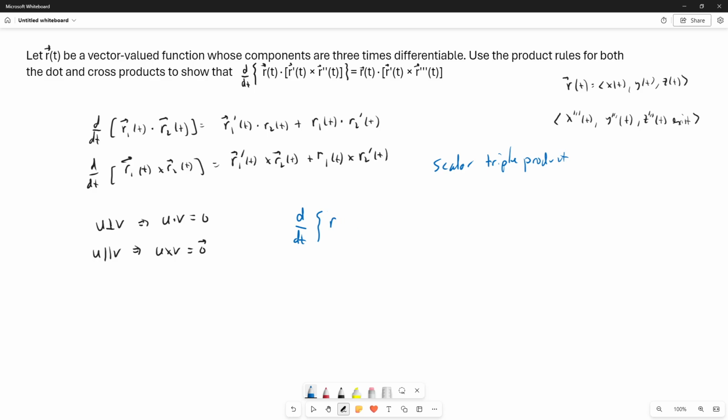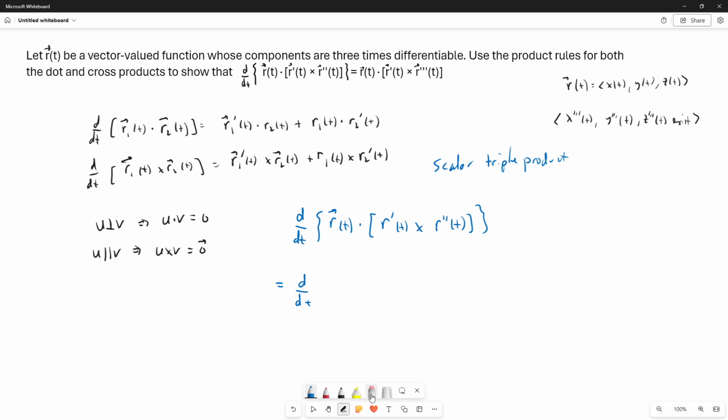So we want the derivative of R dotted with, and for our other 2 vectors, we're going to be taking R prime cross R double prime. Okay, use the derivative of the dot product.